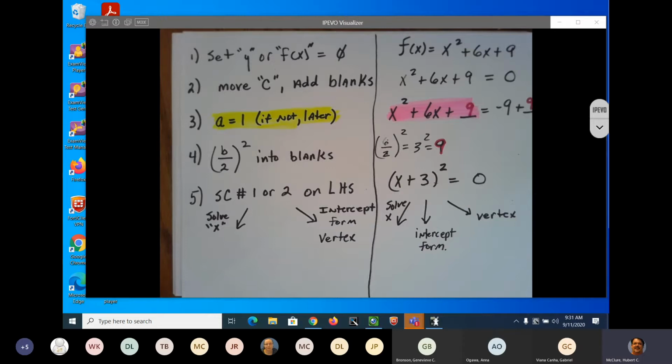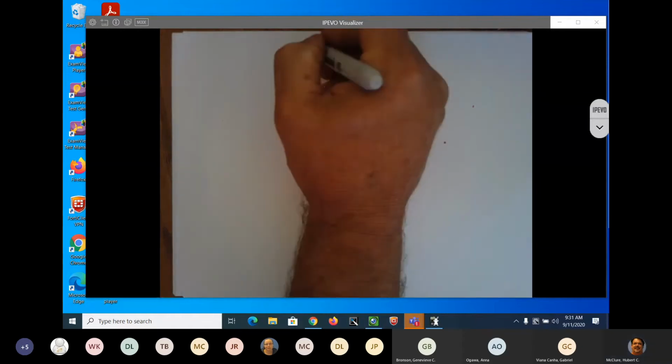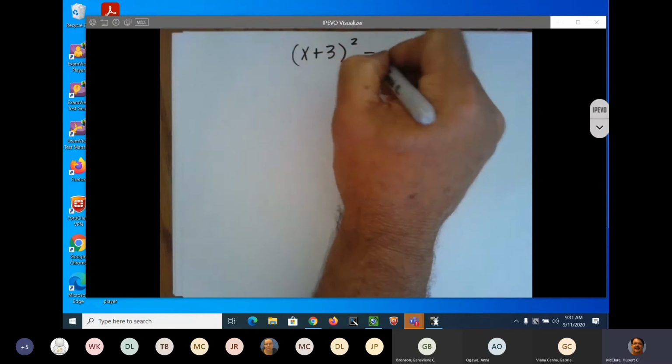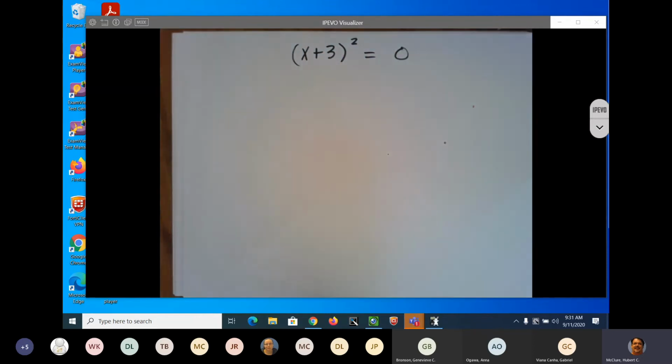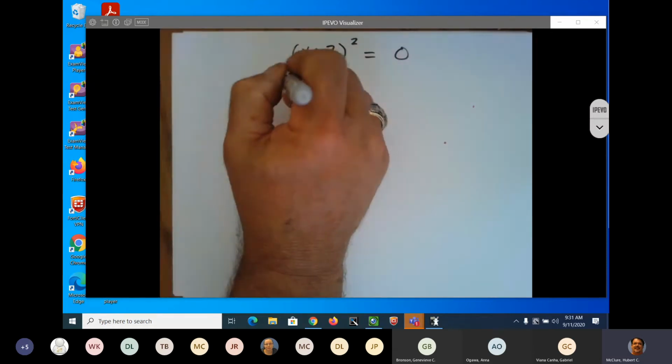Okay, so here we go. x plus 3 quantity squared is equal to 0. Now, this is very important that you take good notes here. Over here, I'm going to solve for x.